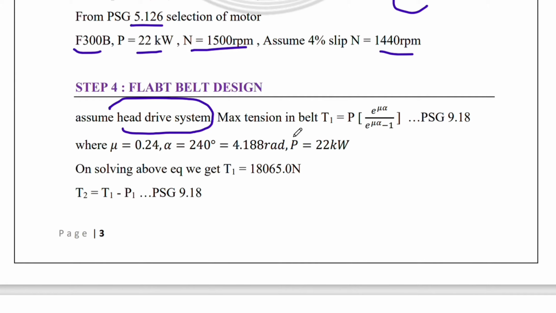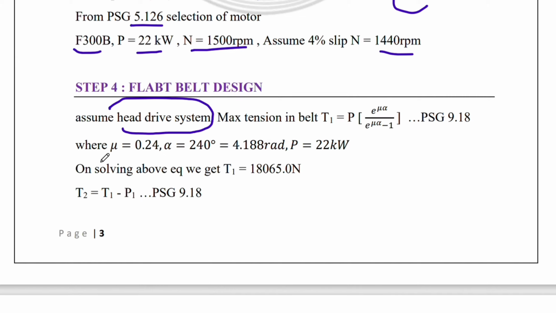For maximum tension in belt T1, you will get this formula on PSG page number 9.18. There is a mistake in the formula in the data book, so this is the right formula, note it down. T1 is equal to P e raised to mu alpha upon e raised to mu alpha minus 1.